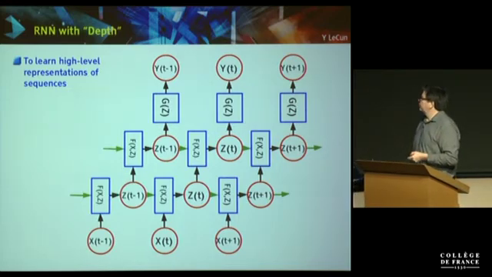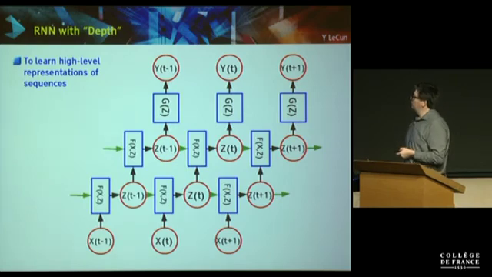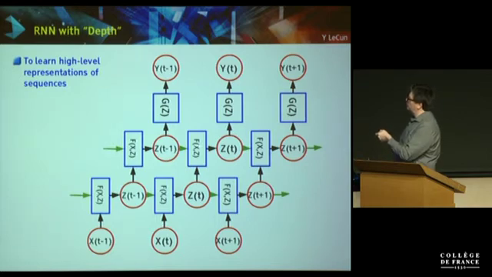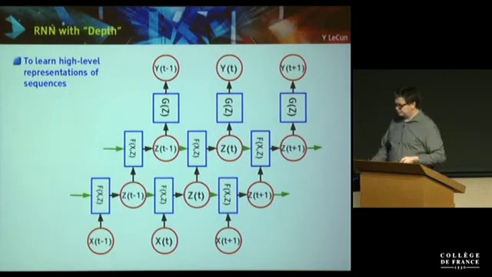There are architectures for multi-layer recurrent networks where you pile up these functions. A first layer here, taking the states at the previous times. Here again, I should have put the Z prime here. And you repeat this, and the outputs are calculated from the state of the last layer.